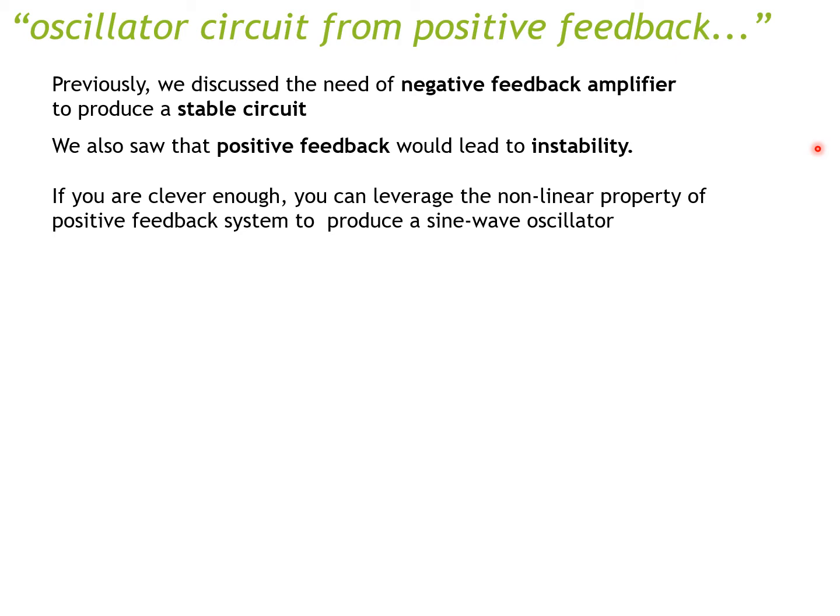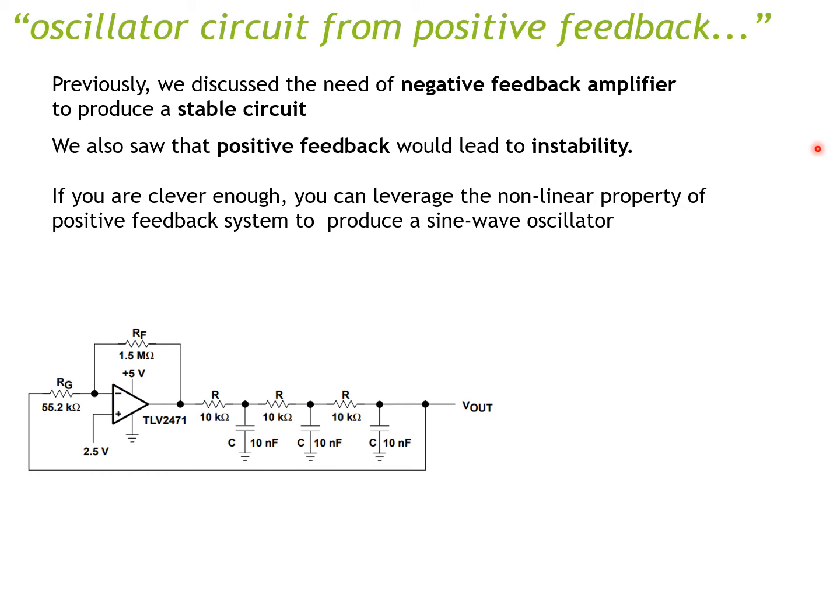sine wave oscillator. So for example, I pulled this circuit from the Texas Instruments website. This is called a phase shift oscillator with a single op amp. You can see a single op amp in the center.